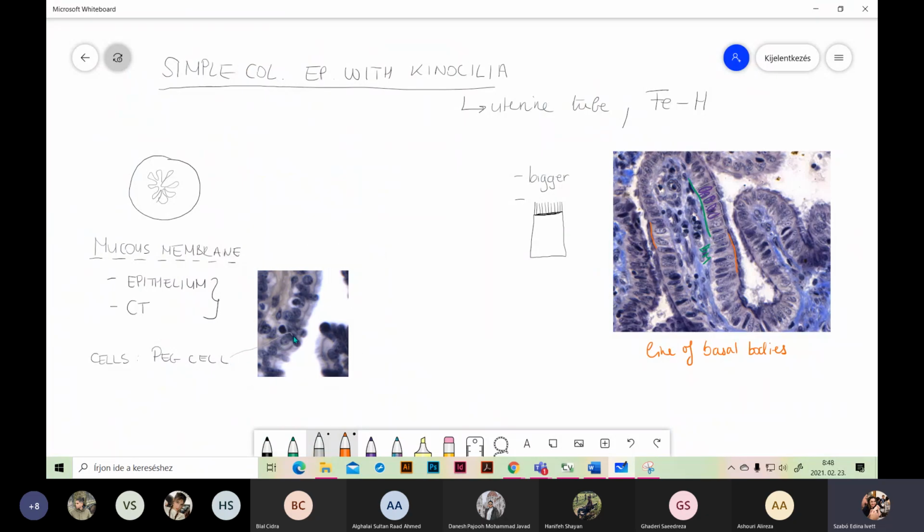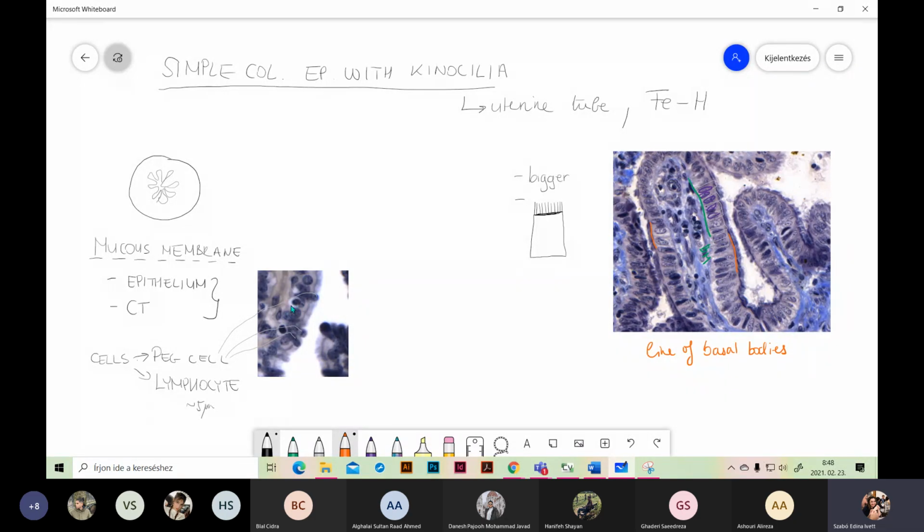Okay, here a PEG cell, another PEG cell, here is another, and here, what do you think? What is this here? Which is an extra cell. It's also a lymphocyte. A lymphocyte has a small nucleus, approximately 5 micrometers in diameter, and around the lymphocyte we always have a pale zone.